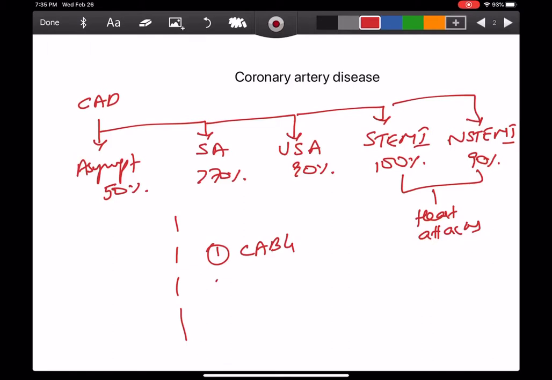The second option available, which is a bit less invasive than CABG, is angioplasty, followed by stenting, wherein they put a stent and try to reopen the closed or blocked artery.